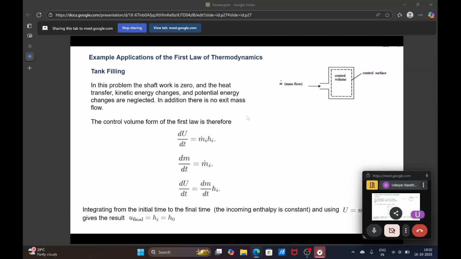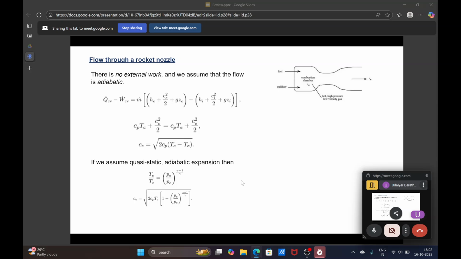For the rate of change of energy balance, you get dE by dt as the energy coming in. There is no Q and W happening, so it will equal m_i h_i. Since m_i is dm by dt, you get dU by dt equals dm by dt times h_i. So that's an example of a tank filling.